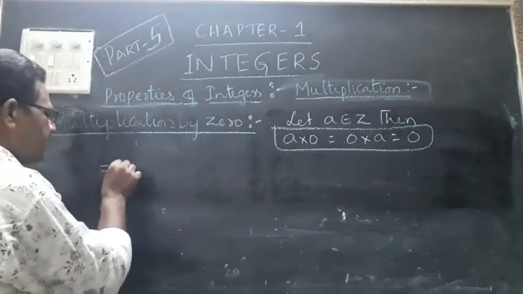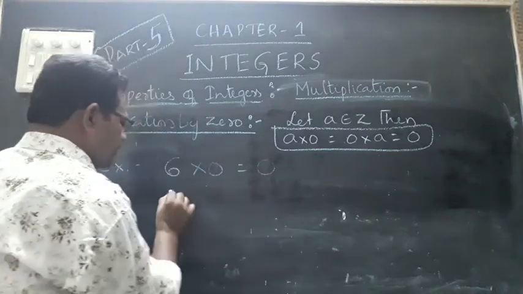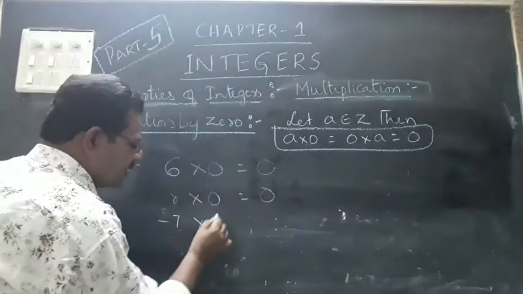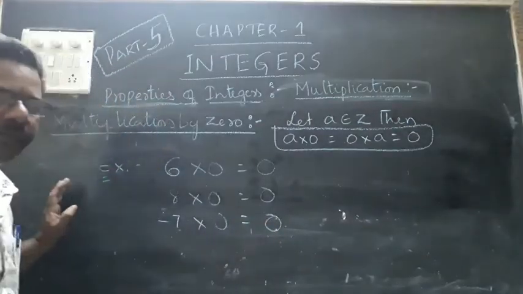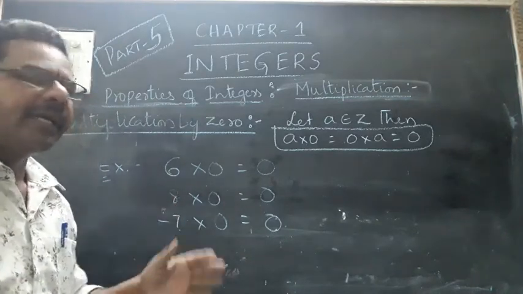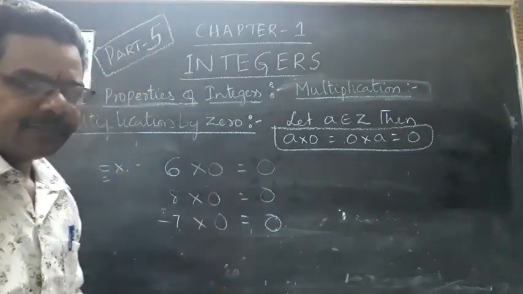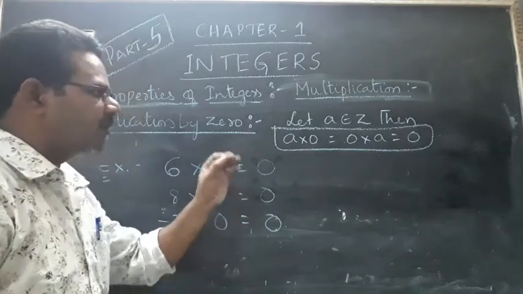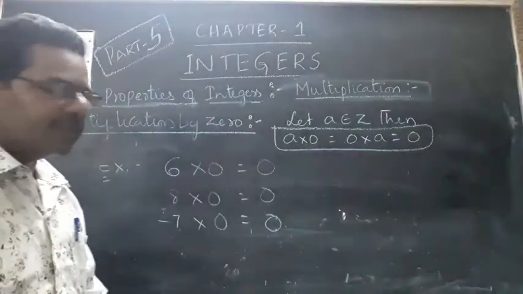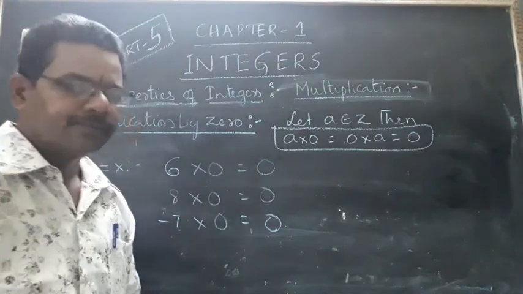For example, 6 into 0 is equal to 0. 8 into 0 is equal to 0. -7 into 0 is equal to 0. So like this, for all integers, any integer multiplied with 0, we get the result 0. Understand?